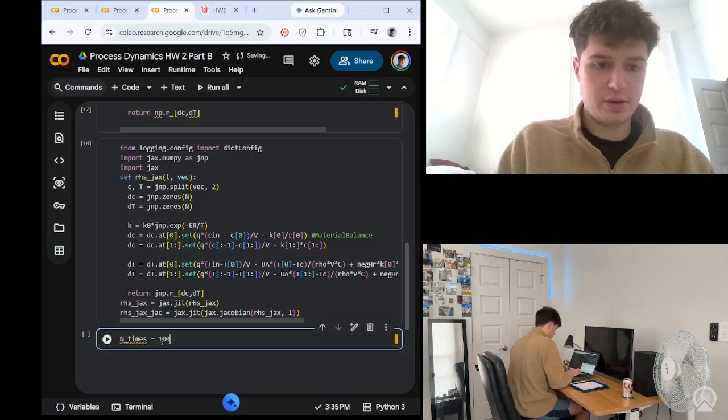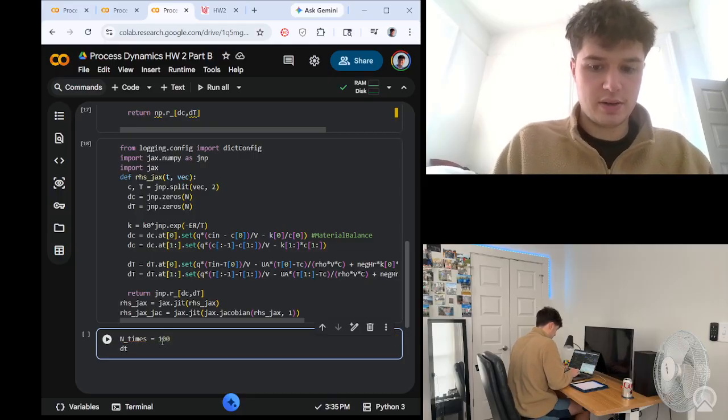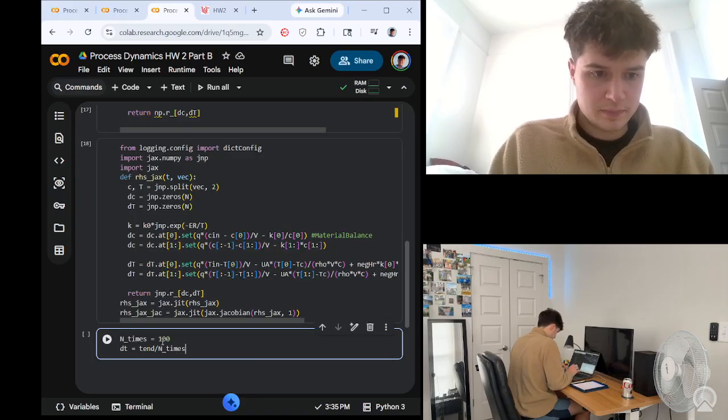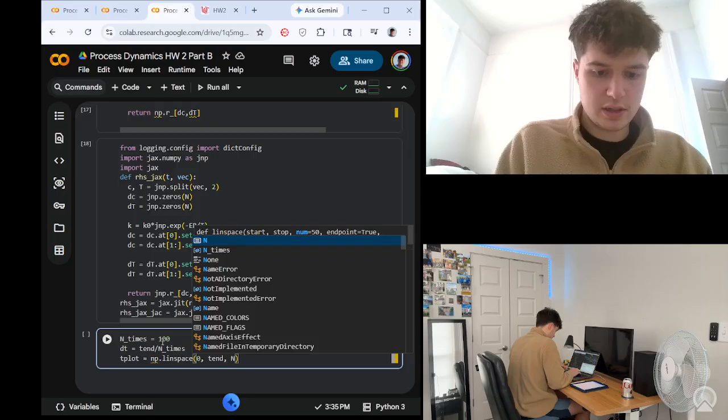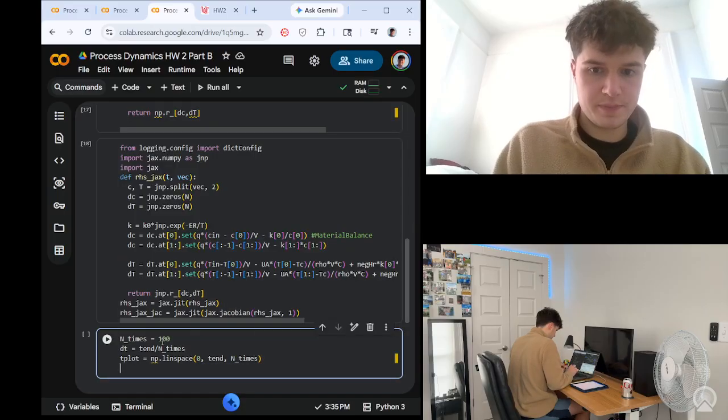So this is going to be 100. And then our dt is going to be equal to our tend divided by our n underscore times. T plot, per usual, is going to be equal np.linspace 0 to tend, n underscore times.